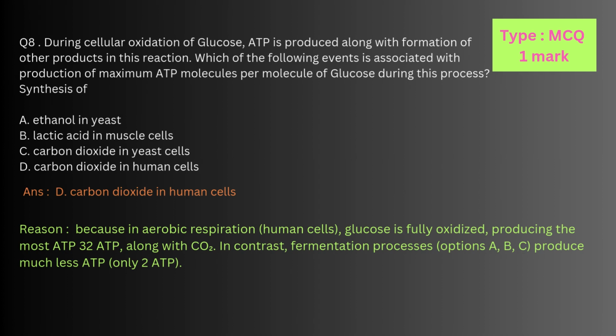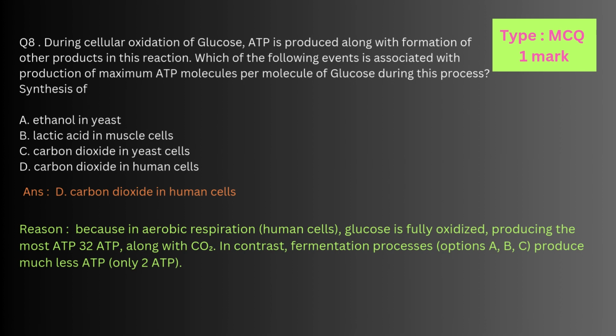But why is that so? Let's look at the options. Number A, ethanol in yeast. This is part of alcoholic fermentation which occurs in anaerobic conditions and produces far fewer ATPs, just 2 ATP per glucose, and involves production of ethanol, not carbon dioxide as in this context.